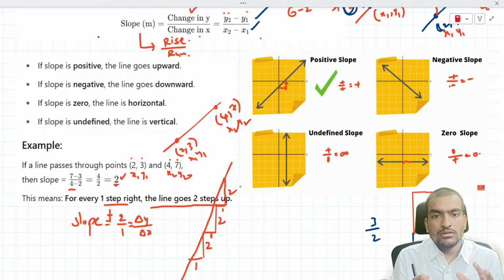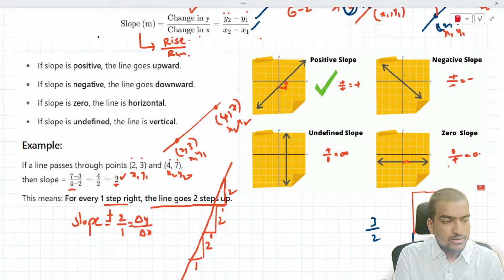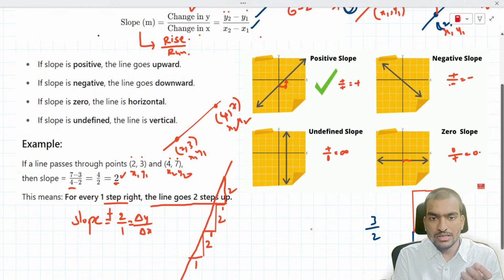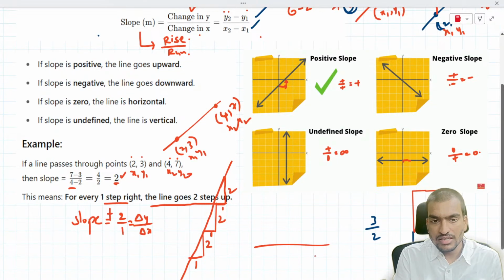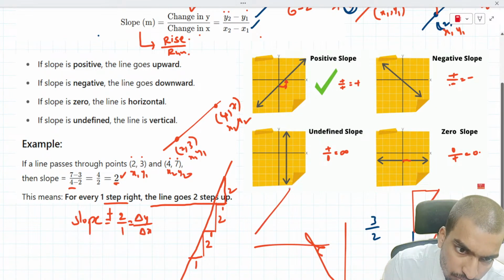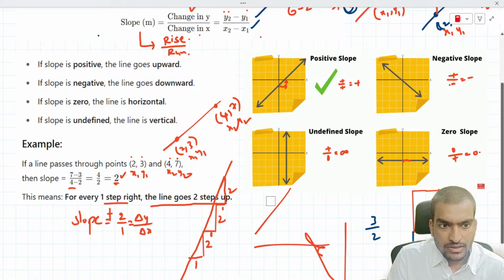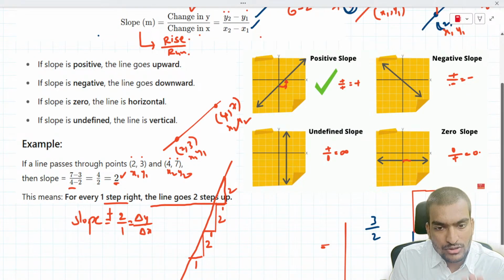This is what the whole concept of slope is. I think it's super clear. I just gave you all I can for the slope. Don't get confused. Slope is nothing but the steepness. We just say straight line. This is also a straight line, like the horizontal line, the vertical line, and this is the inclined line. How do we measure how steep it is? That's what the slope says.